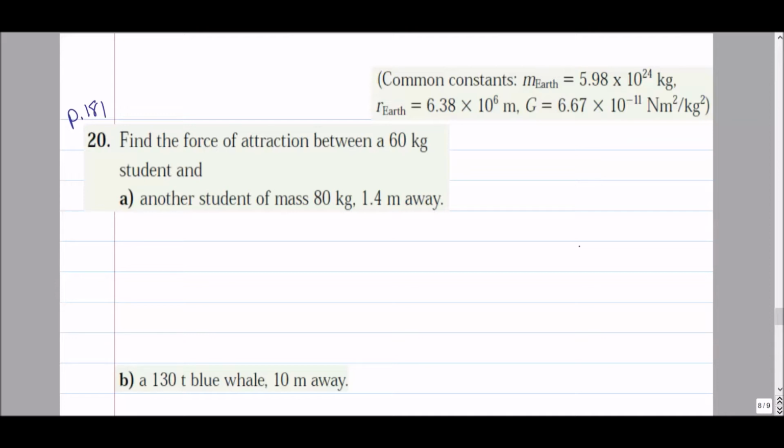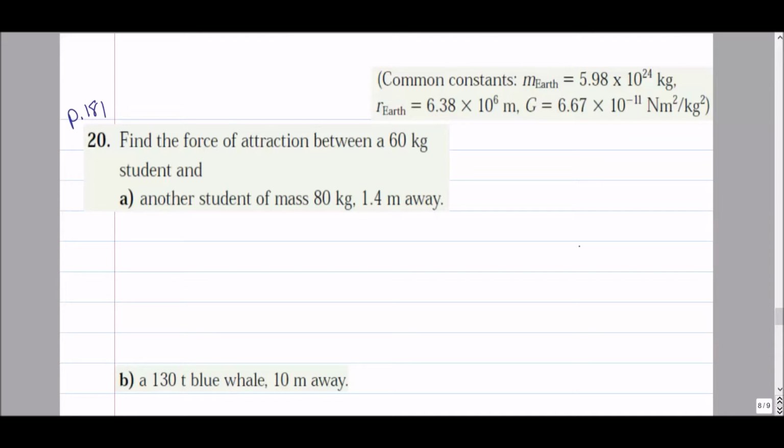It's just in the opposite direction. So when we use that FG equation that we derived today, all we're determining is the magnitude of that force. The direction of the forces depends on where these two objects are in relation to each other.